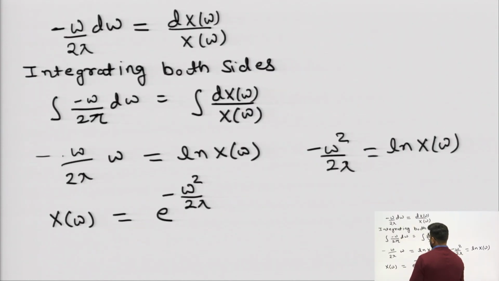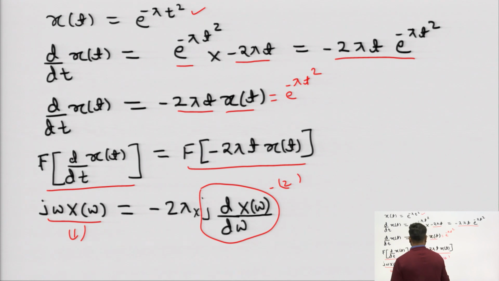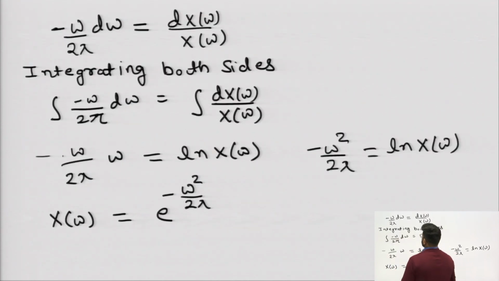Now, in j omega x omega, we keep omega on the left hand side and x of omega on the right hand side. After doing that, we have d omega, and integrating both sides we get minus omega by 2 pi d omega equals dx omega by x omega. So, minus omega square by 2 pi equals ln of x of omega, or we can say x of omega equals e to the power minus omega square by 2 pi.